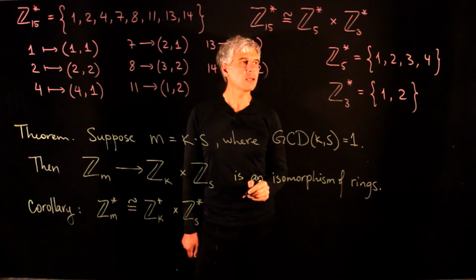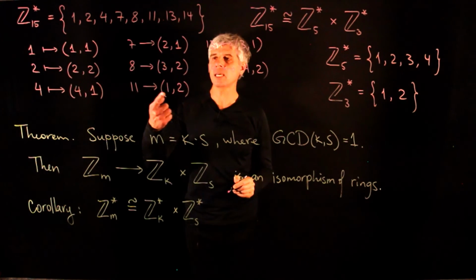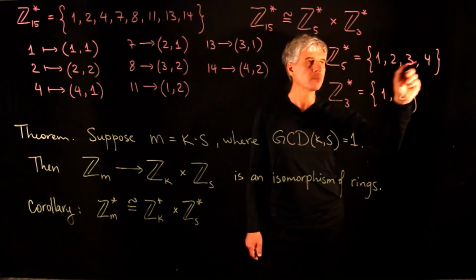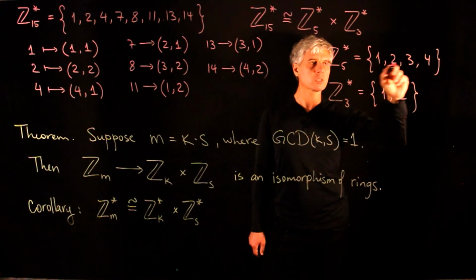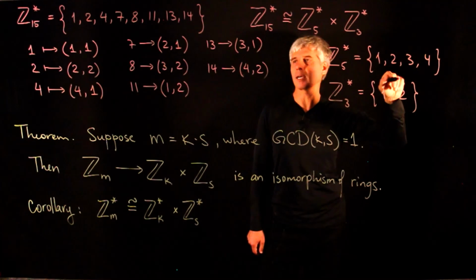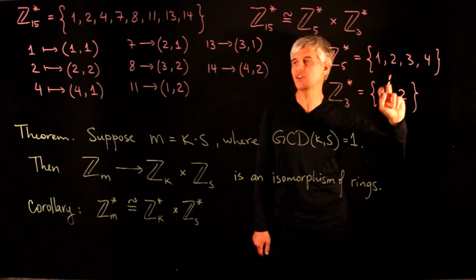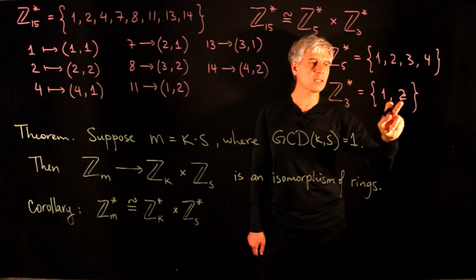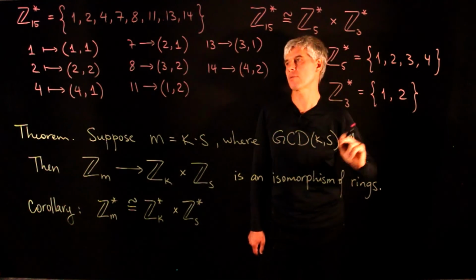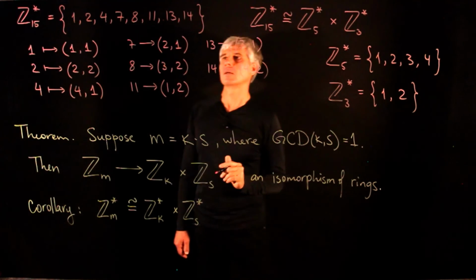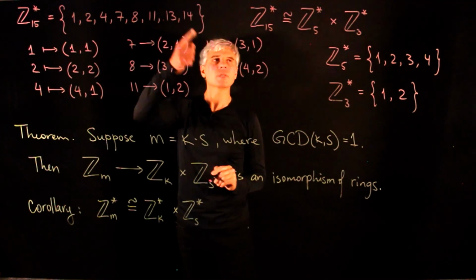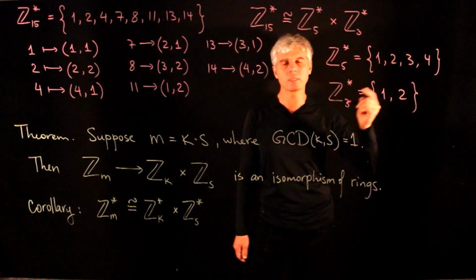So what we see is that we obtain all combinations of pairs where the first element is in Z5 multiplicative and the second element is in Z3 multiplicative. Here we have 8 elements, which is 4 times 2.